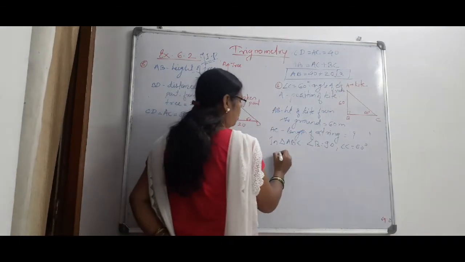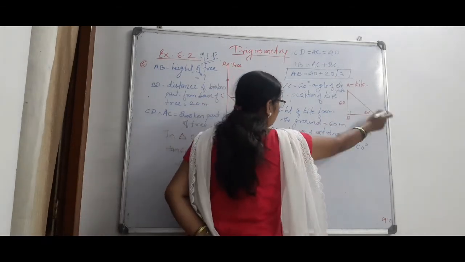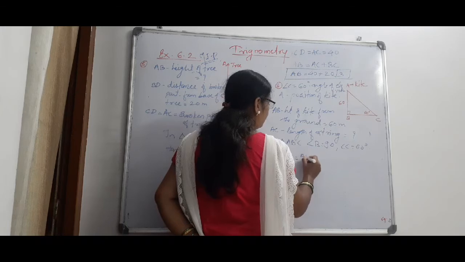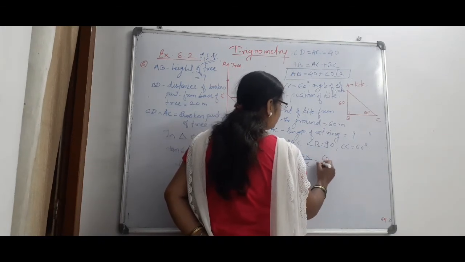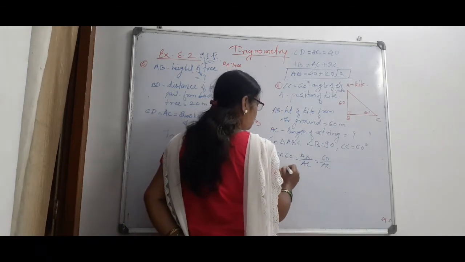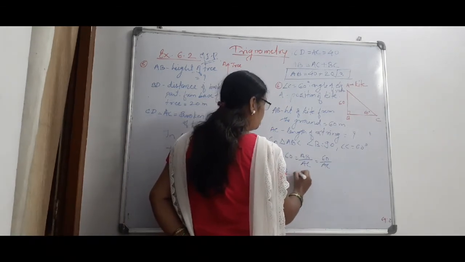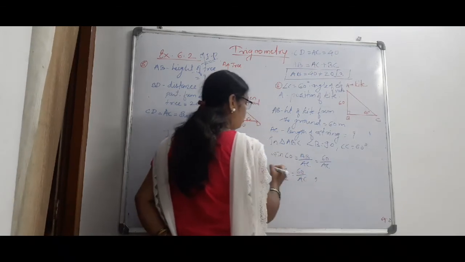Now see here, what you have to take here? Sin 60. Opposite upon hypotenuse, that is AB upon AC. Now AB is 60. AC you have to find. Now sin 60 is √3/2 is equal to 60 upon AC. Now do the cross multiply. What you get?